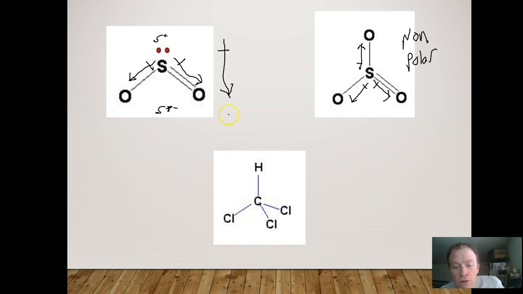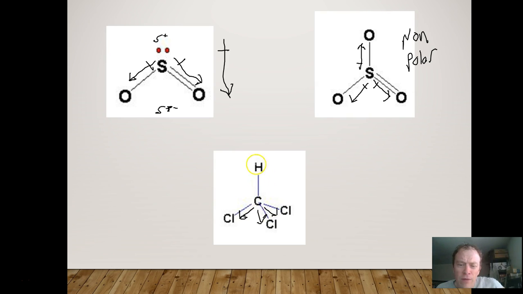This is tetrahedral. Again, I'll say this again and again, it's critical to imagine the shape properly. These are not all on the same plane. This is drawn in a way to help you see that, but chlorine is more electronegative than carbon, so we would have three polarity vectors down here.